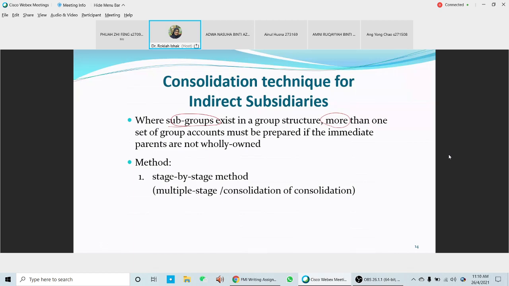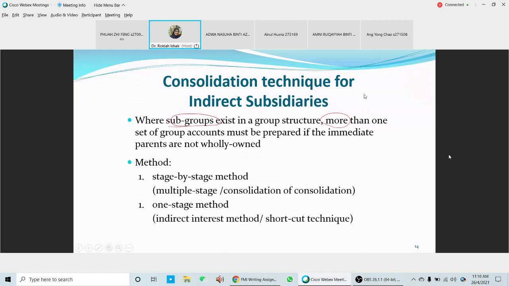So the methods that we use for consolidation here are the stage by stage method, and the other one is the one stage method. We're going to look at both. We have two methods to prepare consolidated financial statements, stage by stage or one stage.